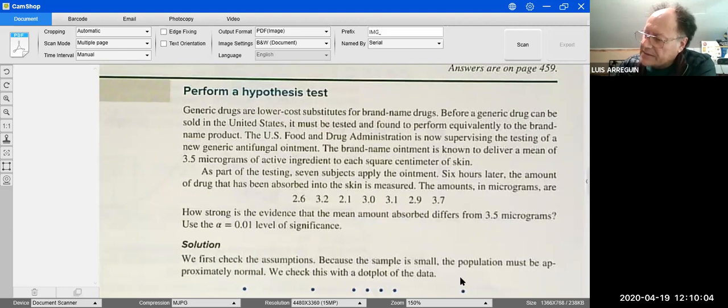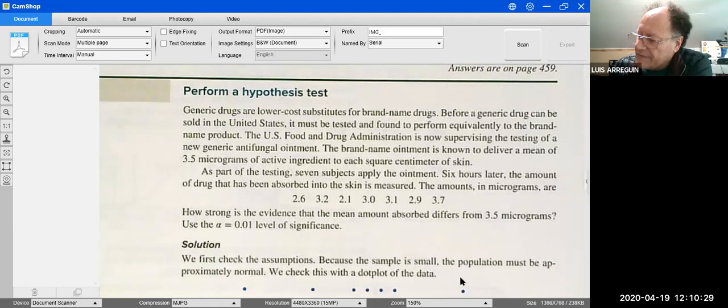As part of the testing, 7 subjects apply the ointment. 6 hours later, the amount of drug that has been absorbed into the skin is measured. The amounts in micrograms are 2.6, 3.2, and so on. How strong is the evidence that the mean amount absorbed differs from 3.5 micrograms?